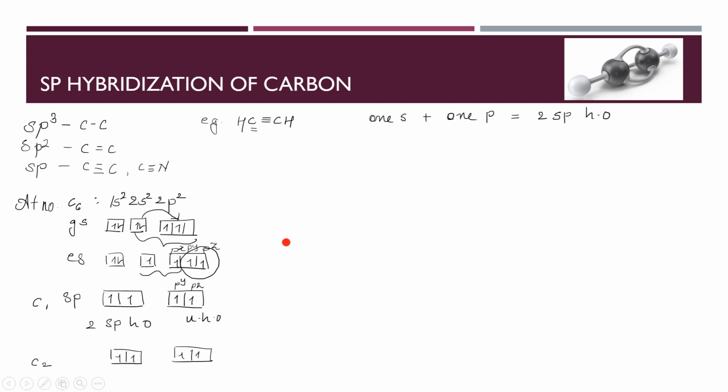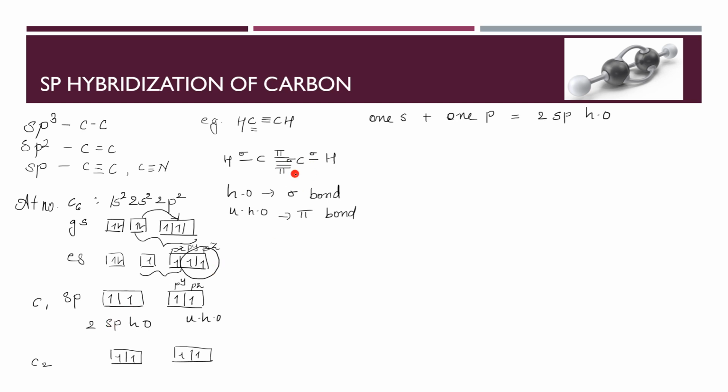Now, look at this molecule. What you see here is there are 3 bonds between the 2 carbons and a single bond to each hydrogen. So, always remember, hybrid orbitals form sigma bonds, and unhybridized orbitals form pi bonds. If you look at this, one of the bonds is sigma, and the remaining 2 bonds are pi bonds.